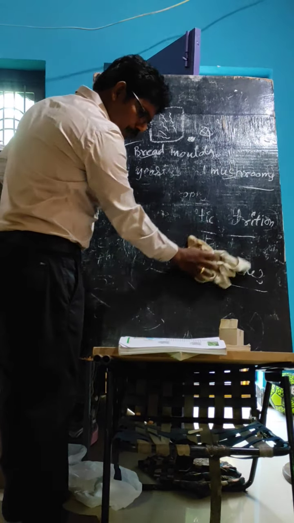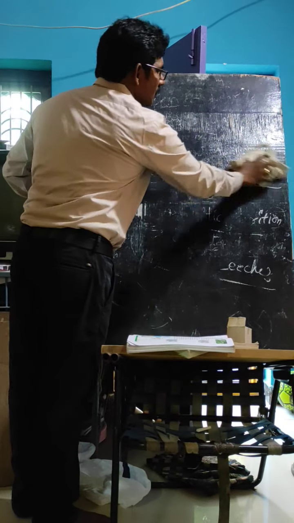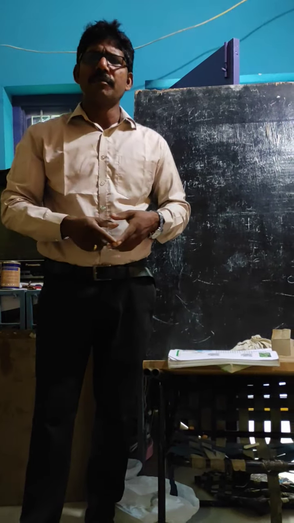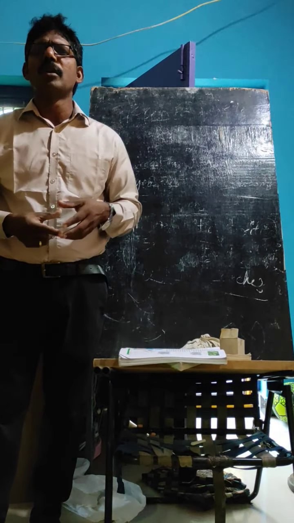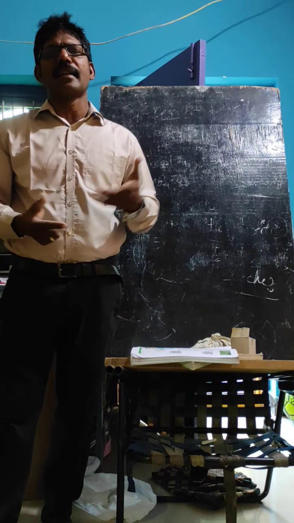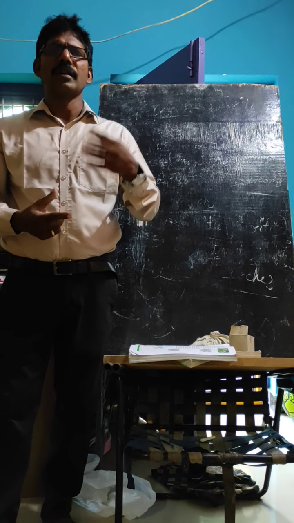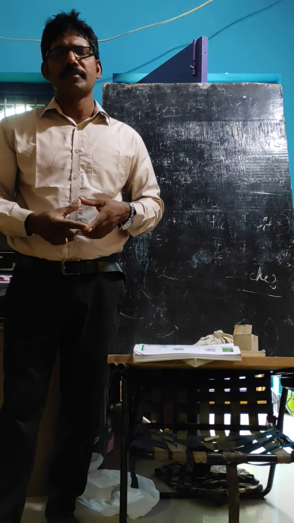Actually, the food and the way it is obtained differs. Different animals take different types of food materials. Herbivorous animals take only plant material, and carnivorous animals like tiger and lion take only the flesh of animals.